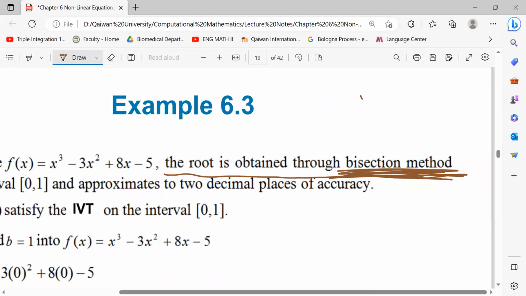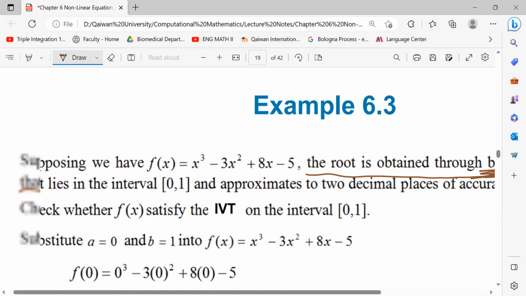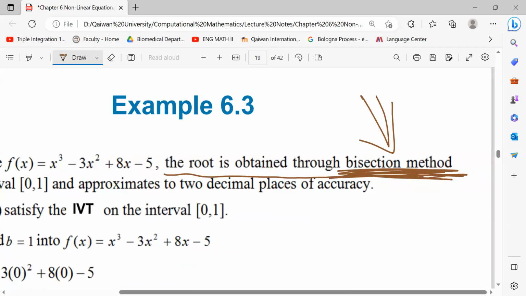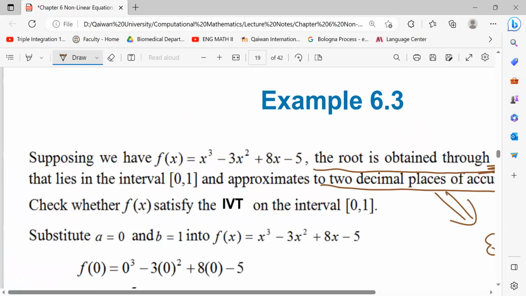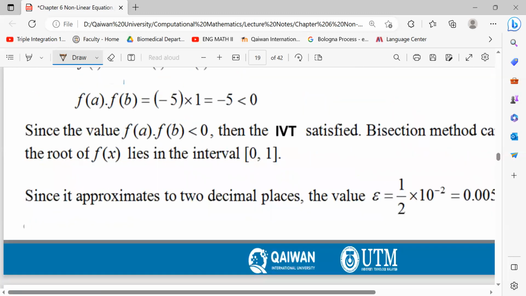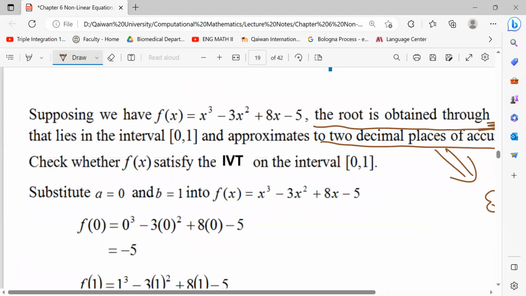But here it's mentioned to use bisection and approximate to 2 decimal places of accuracy. When it says 2 decimal places, this is the value of epsilon. Epsilon is always written like this: 0.005.